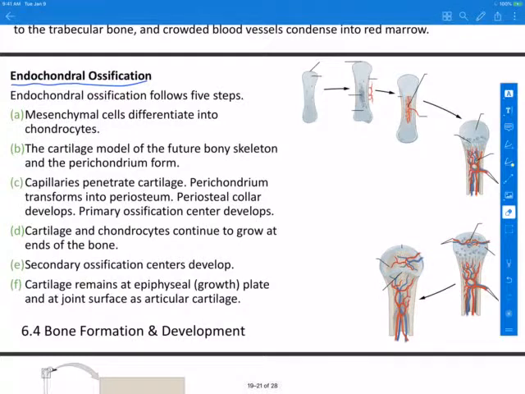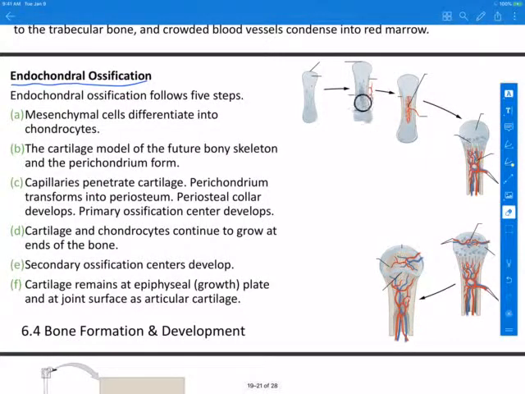And so the mesenchymal cells differentiate into chondrocytes, basically chondroblasts and then chondrocytes. And they produce this cartilage model of what will be the future long bones of the bony skeleton. Then the blood vessels on the edge of the cartilage, right here, they bring osteoblasts, and they deposit a bony collar.